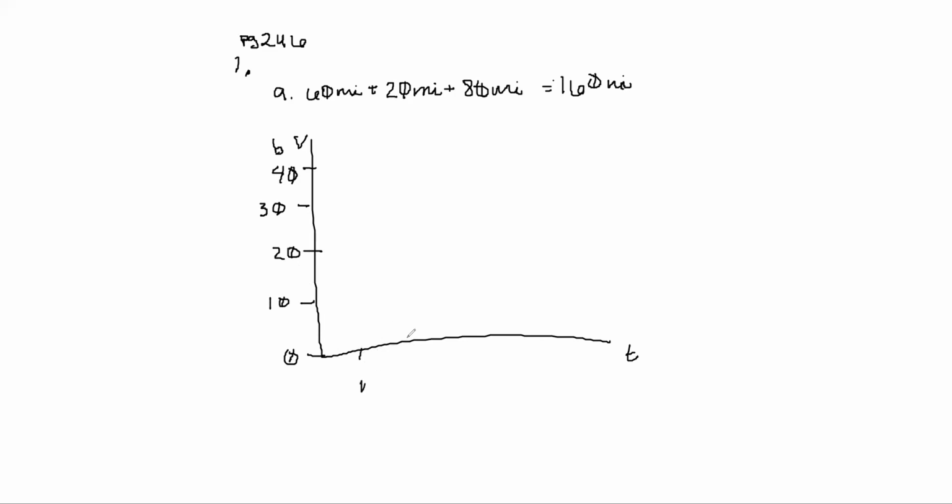This is 1 hour, 2 hours, 3 hours, 4 hours, 5, 6, 7. And I'm going to make the long ones the hour, and then I'm going to put this little dash in here for the half hour.